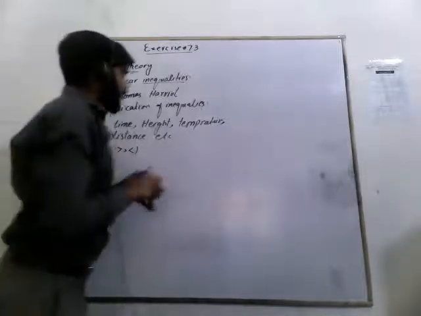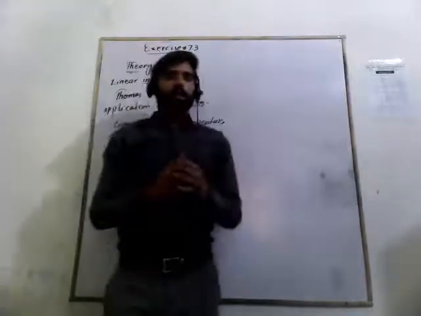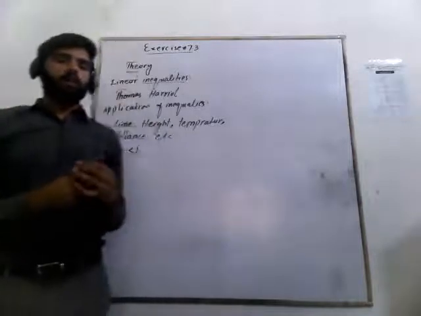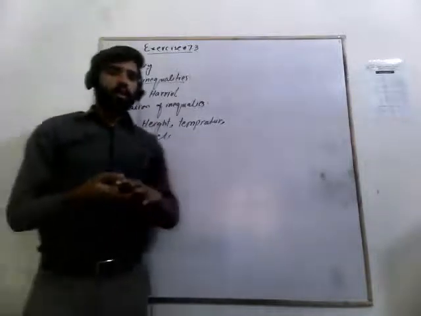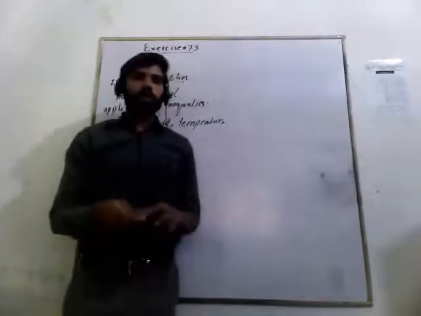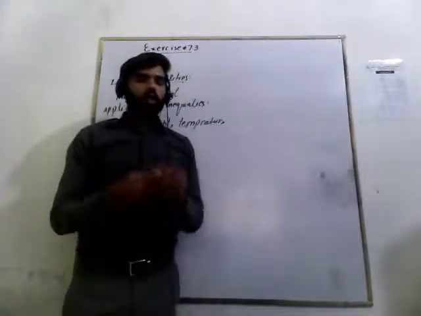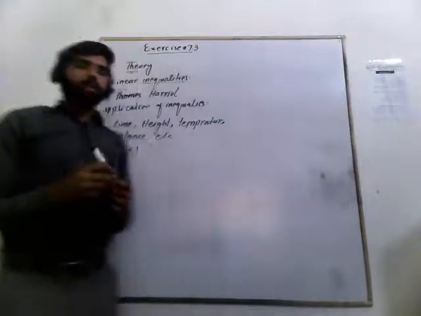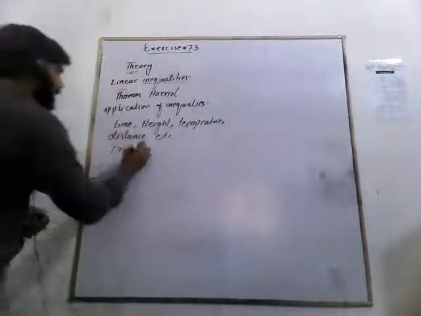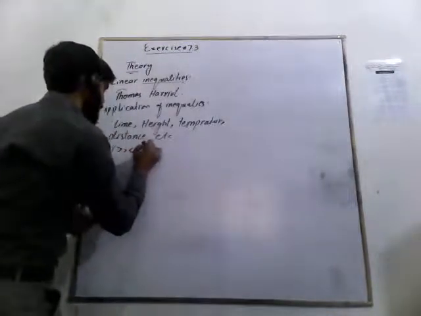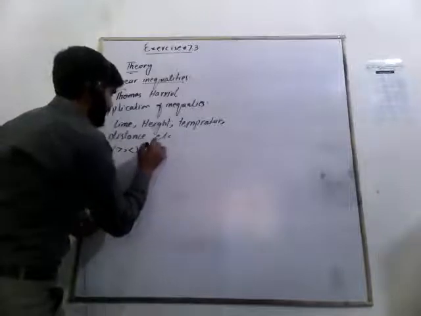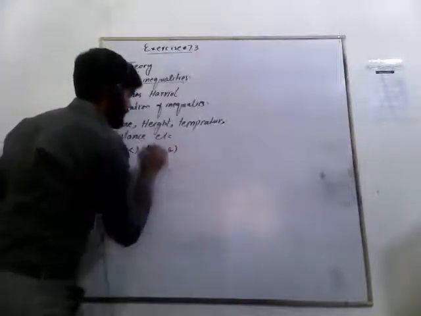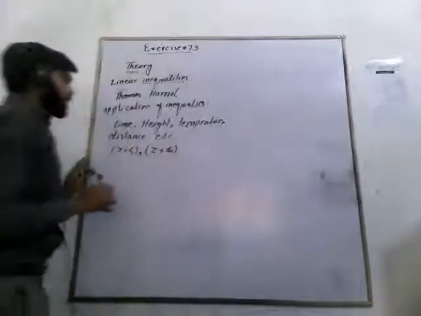After that, you will also think one thing can be greater than or equal to, and one thing can be less than or equal to. So these two signs, greater than or equal to and less than or equal to, are non-strict signs.